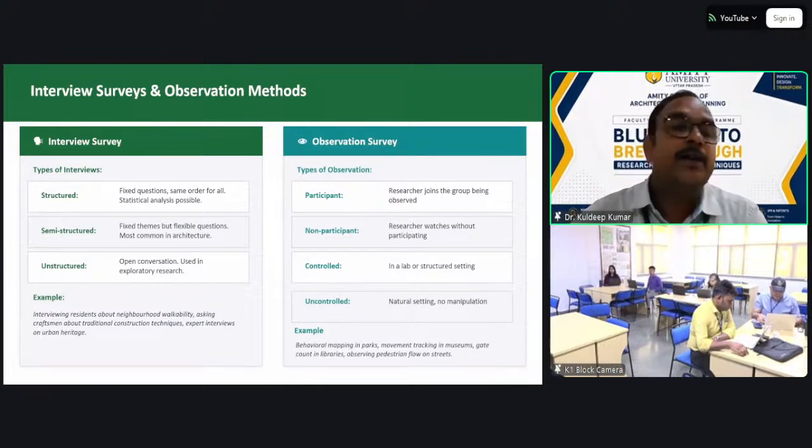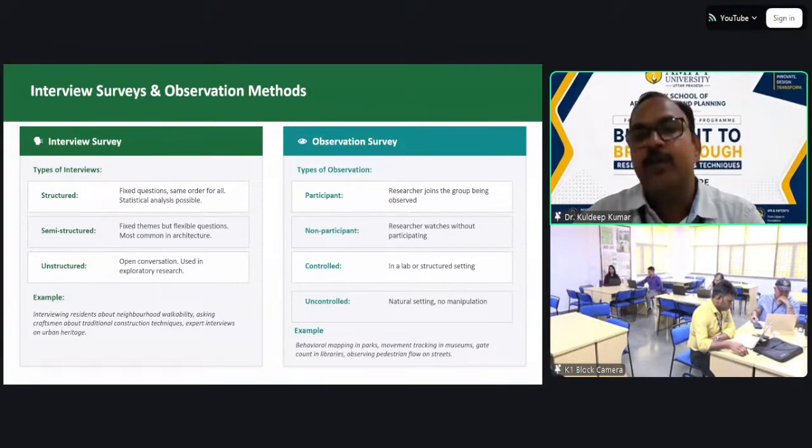The semi-structured interviews have fixed themes and key questions, but there is a provision that the researcher can rephrase, skip, or add questions based on the conversation. This is most commonly used in architectural research, because it balances depth with consistency.